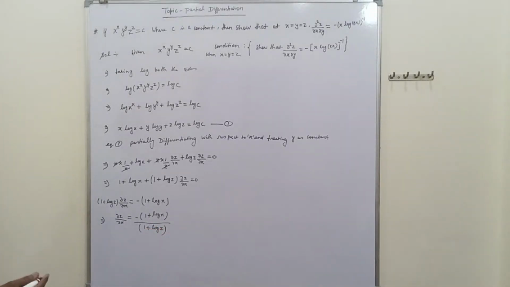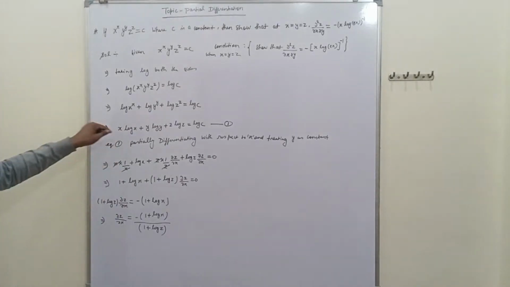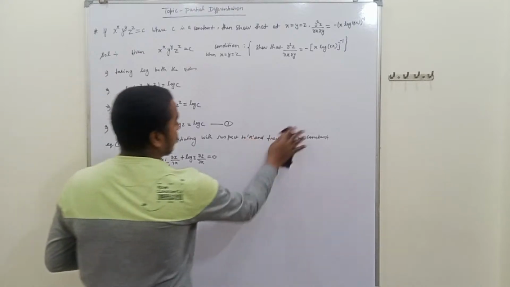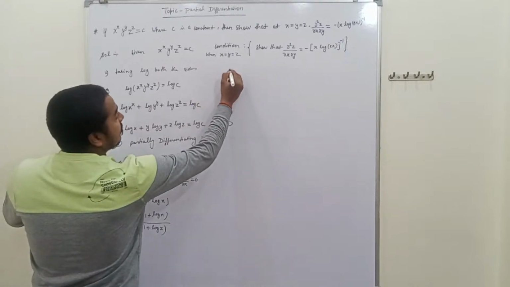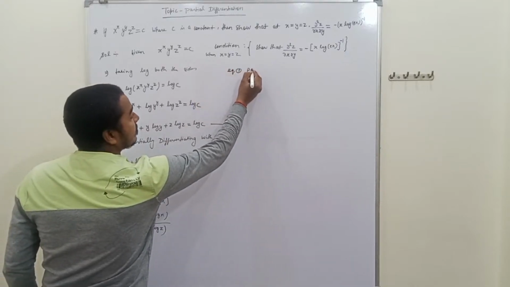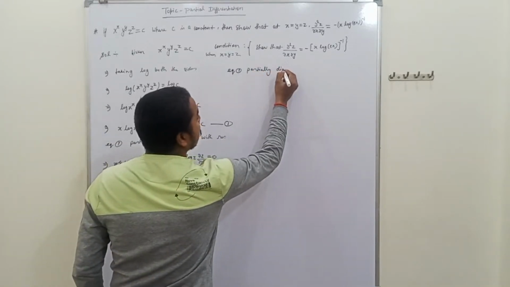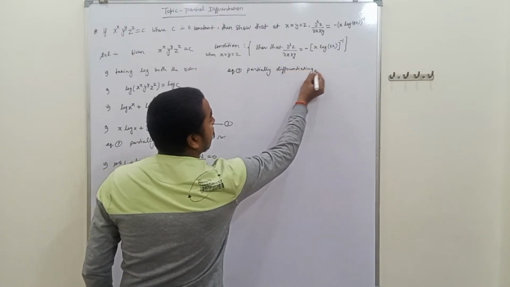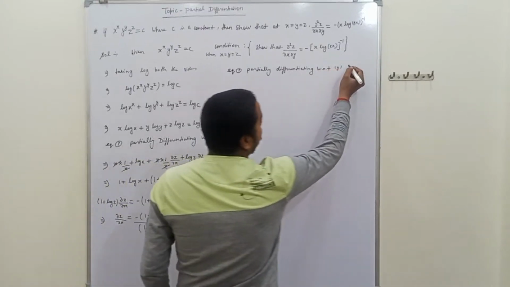Further we have to find del 2z upon del x del y. Further we have to differentiate equation 1 partially with respect to y, treating x as a constant.